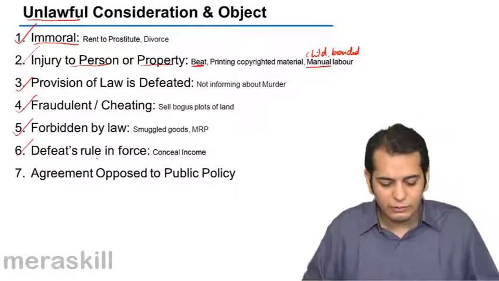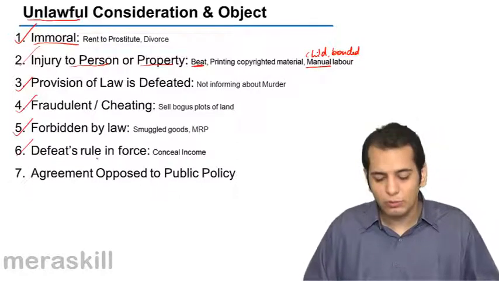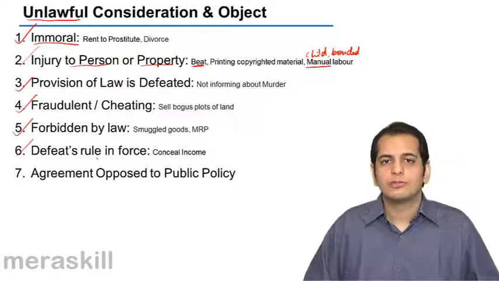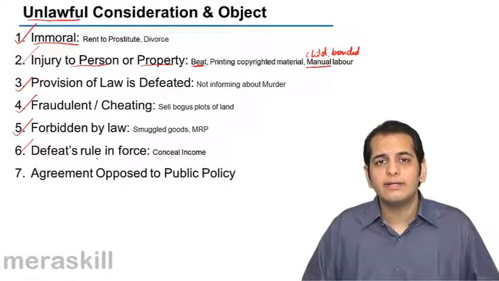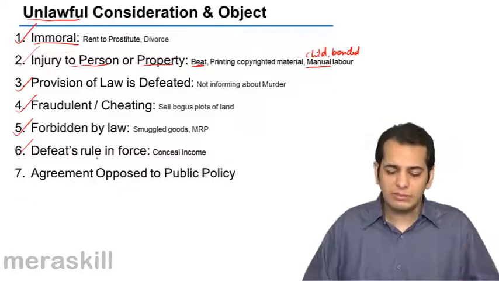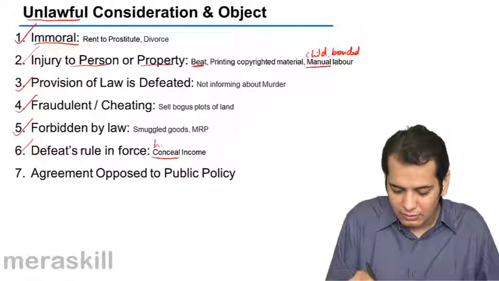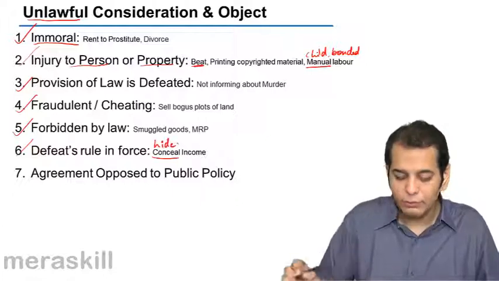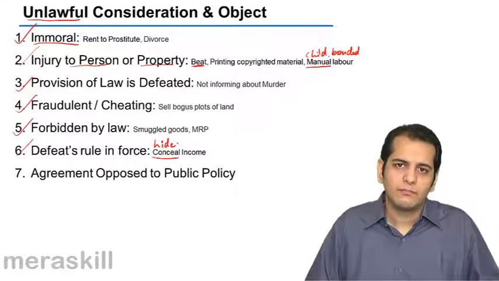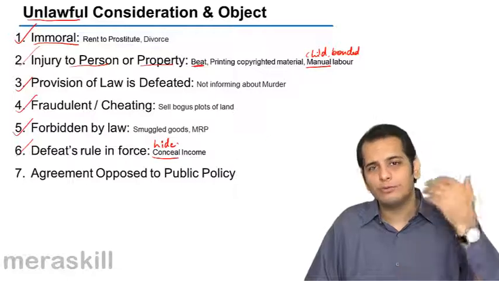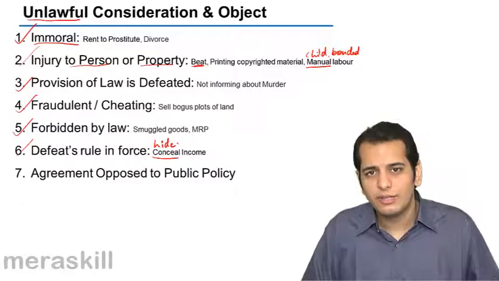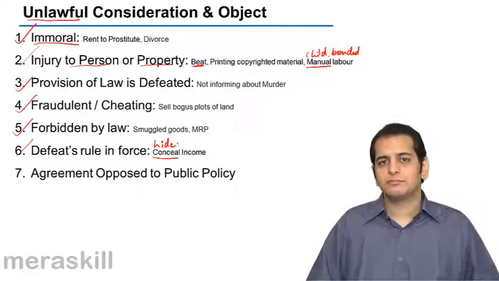Unlawful also includes defeating any rule in force. Now, there is a rule in India that you cannot conceal your income. Concealing means hiding. You cannot hide your income. Whatever income you get, you have to disclose it to the government and pay taxes on them.